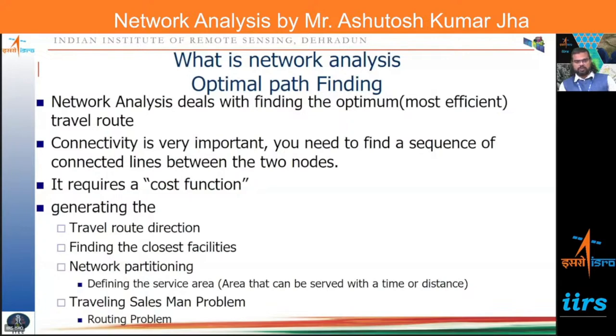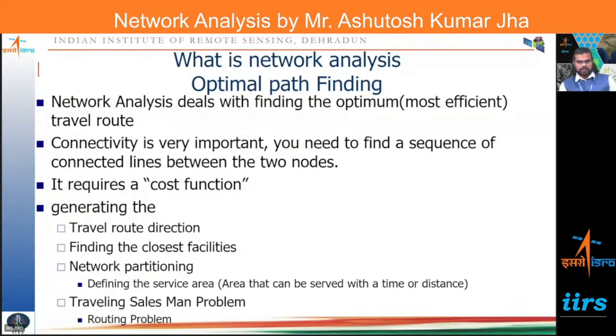In most of the analyses, wherever we need to carry out such analysis in our network, we need to make sure that all the different components of the network, that is the road segments and the corresponding nodes, are connected to each other. There is no portion of the road which is not connected as a whole. So that particular topological relationship between different network components has to be established.